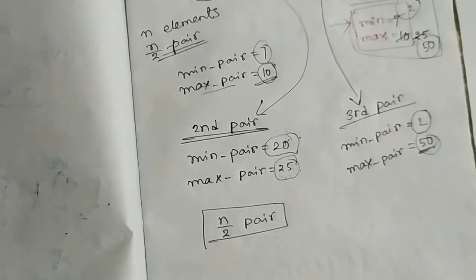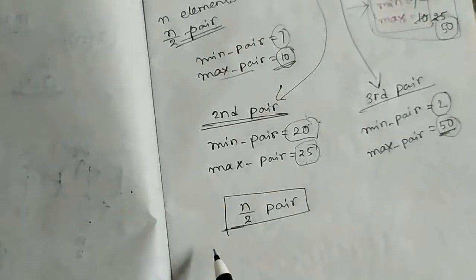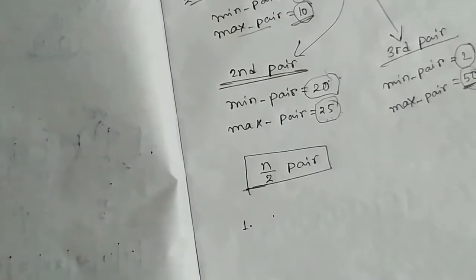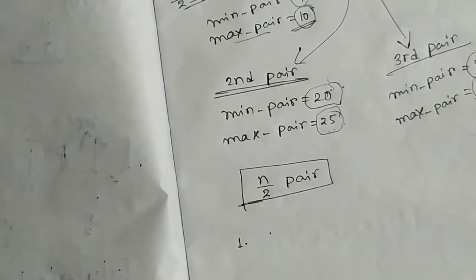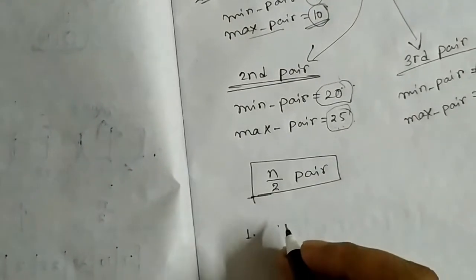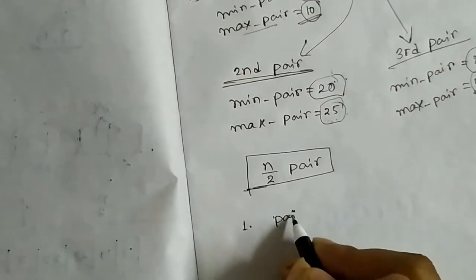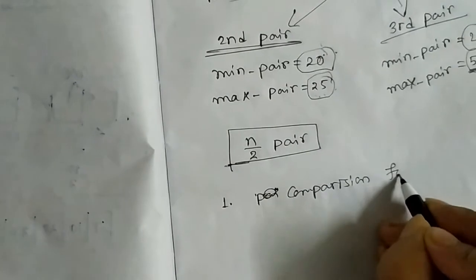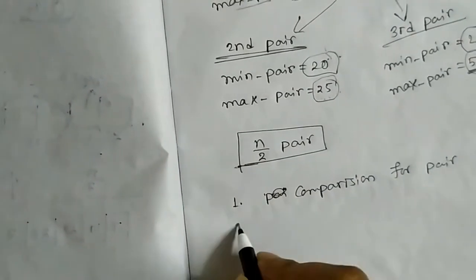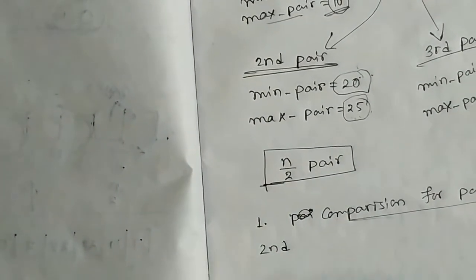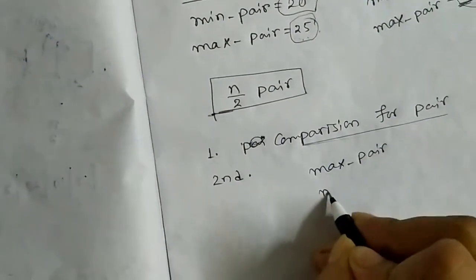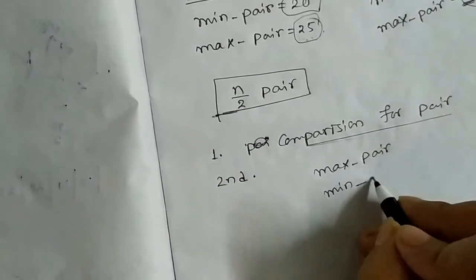For every pair, one comparison is to check which one of the pair is greater and which is smaller. Then after this comparison I get a maximum and a minimum of that pair.